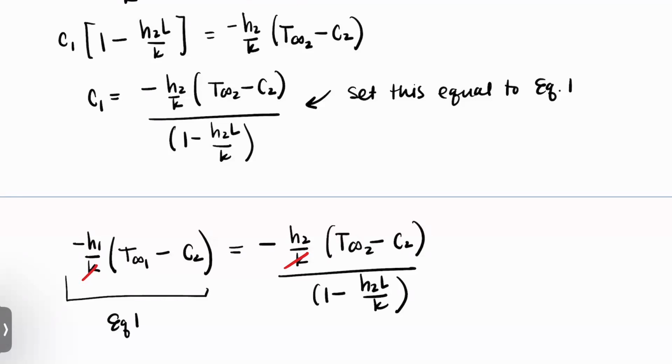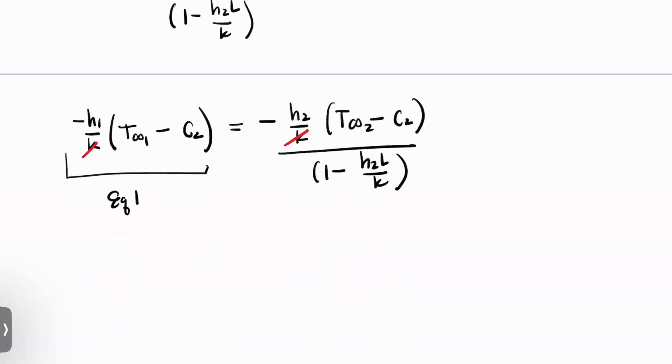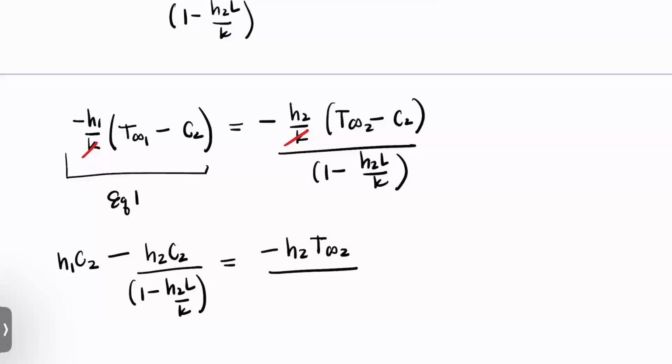Okay. And now I'm going to try to group my C2s together. So I have H1 C2 minus H2 C2 divided by 1 minus H2L over K is equal to minus H2 T infinity 2 divided by 1 minus H2L over K, and then plus H1 T infinity 1.